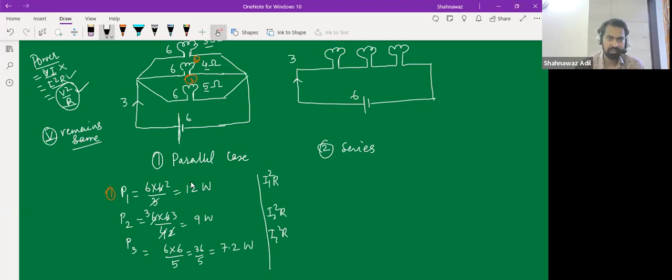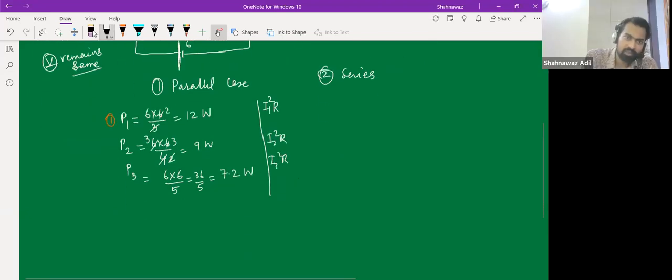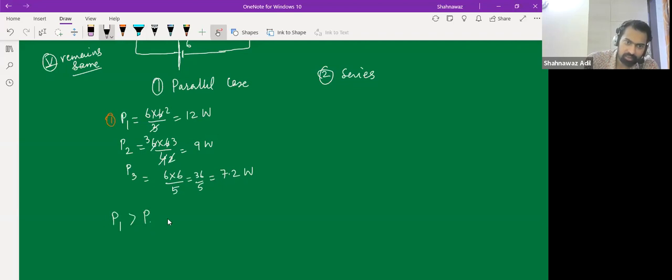Any doubt in this, guys? No, sir. So you can clearly see that power 1 is greater than power 2, which is greater than power 3.